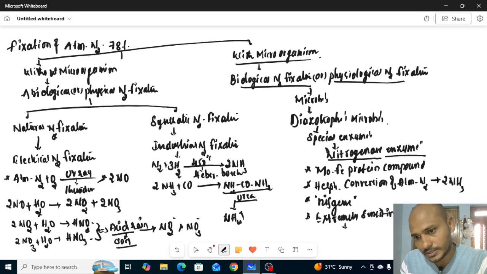So this leghemoglobin acts as an oxygen scavenger and protects the nitrogenase enzyme from oxygen. And this leghemoglobin not only acts as an oxygen scavenger, but also gives pink color to the nodules.